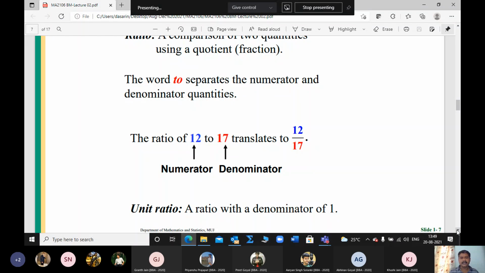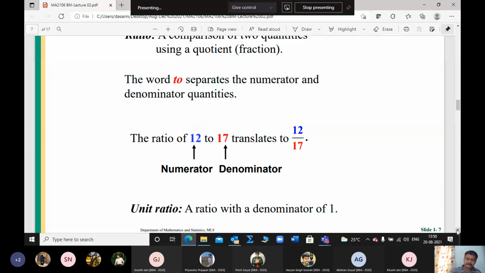So in our example, 12 divided by 17 is not a unit ratio, because the denominator is not equal to 1. If in place of 17 I found 1 there, then I would have called this ratio a unit ratio.